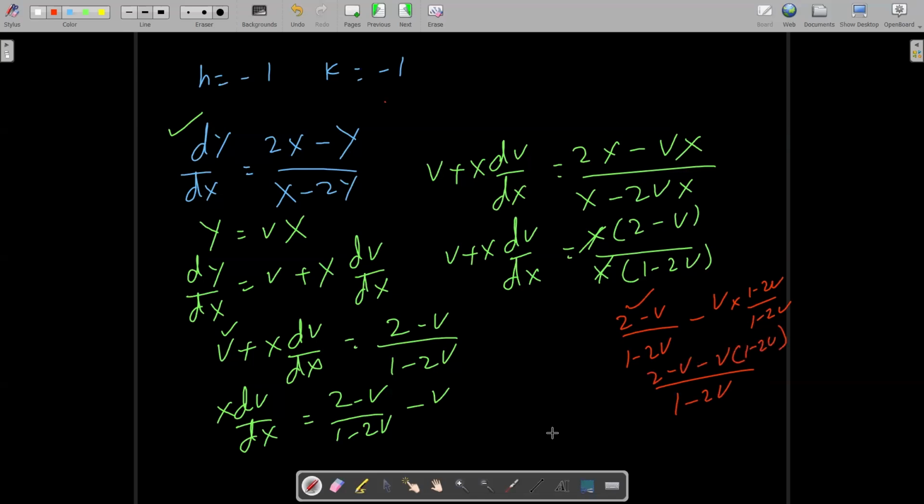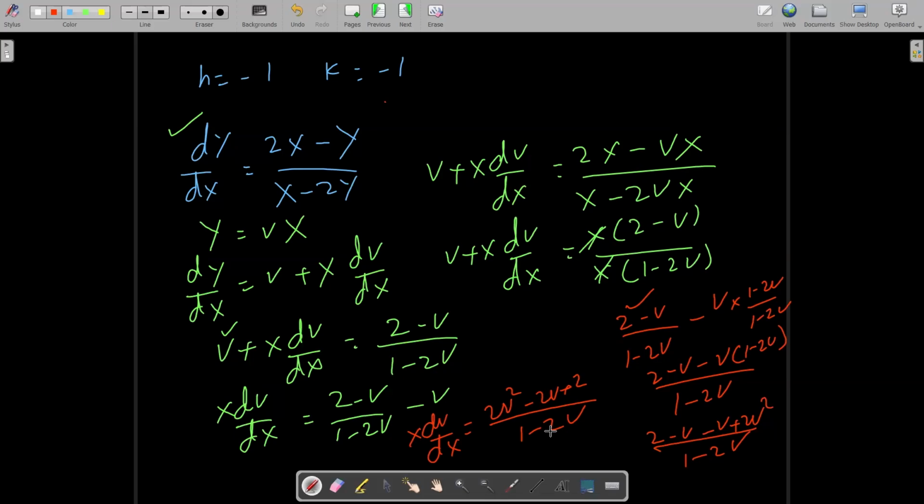After simplifying the top, it will be 2 minus v minus v plus 2v square, so 2v square minus 2v plus 2. So we can write this differential equation as x dv over dx equals 2v square minus 2v plus 2 over 1 minus 2v. Does that make sense?